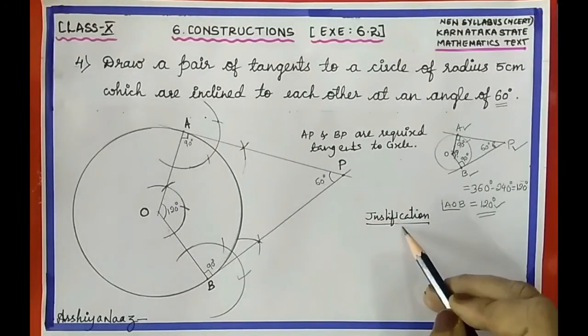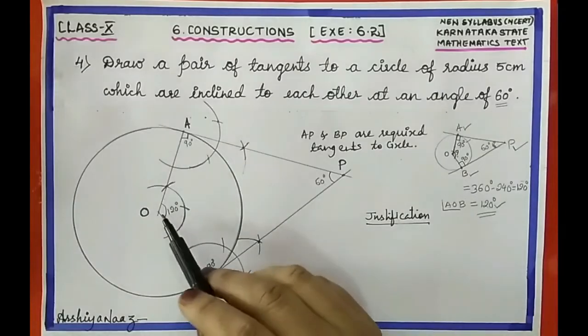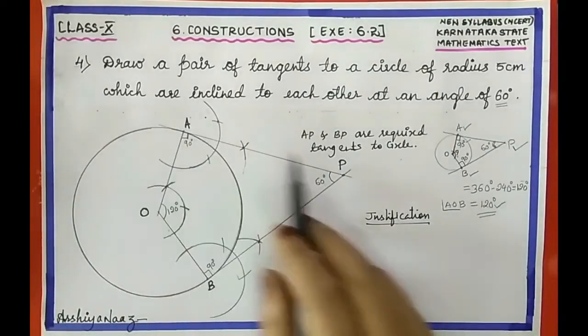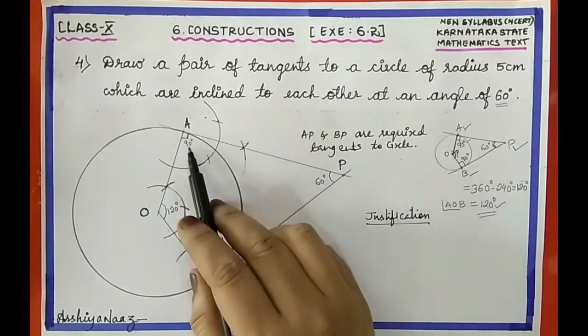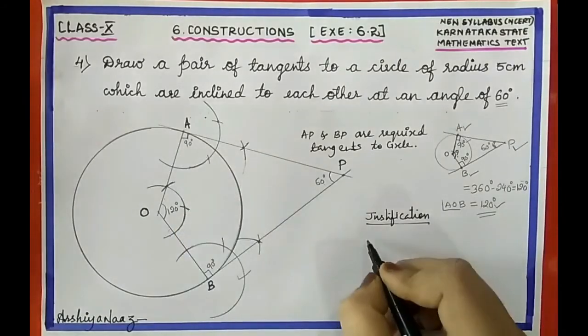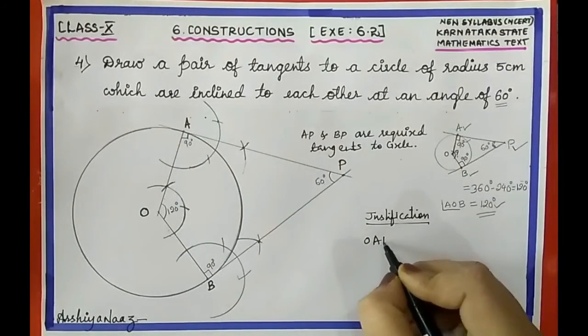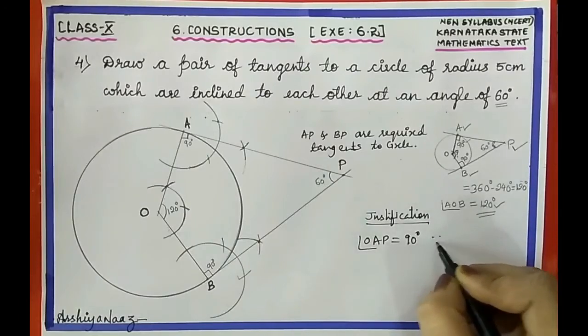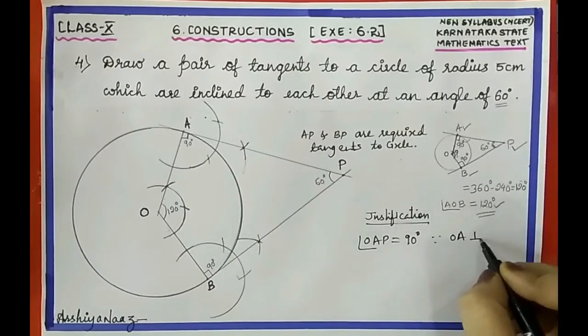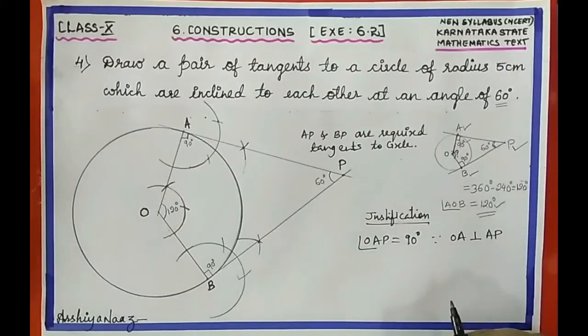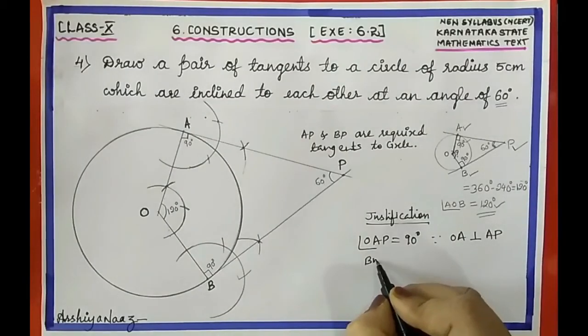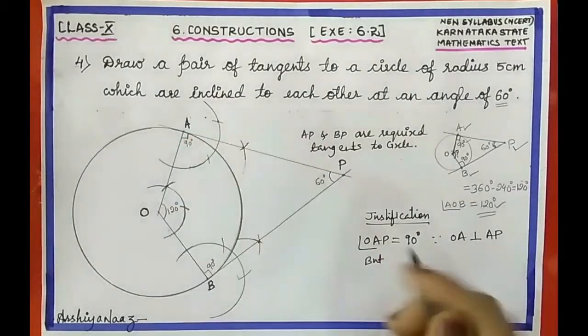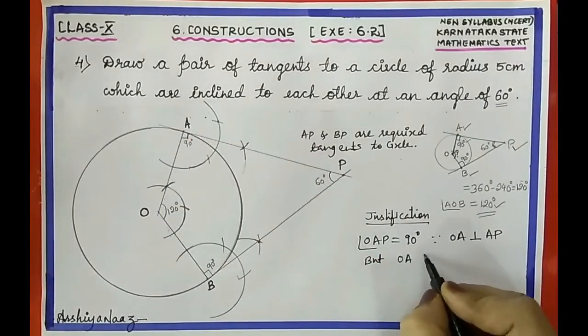Now let us justify this. As we know, OA is perpendicular to AP because we have constructed 90 degrees here. So angle OAP will be equal to 90 degrees because OA is perpendicular to AP. But OA is the radius of the circle.